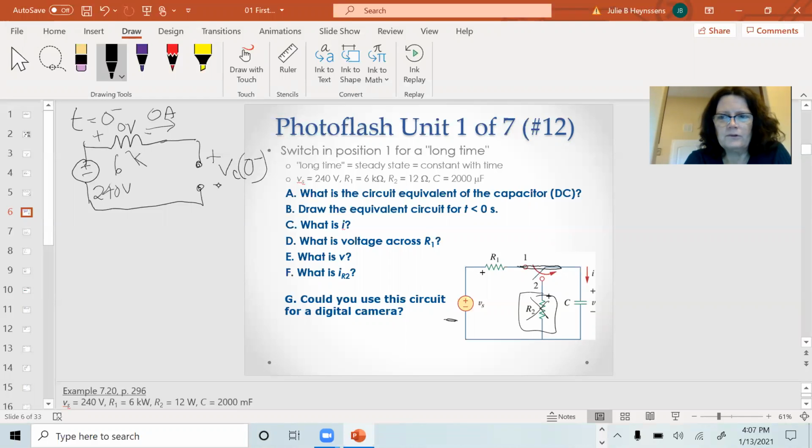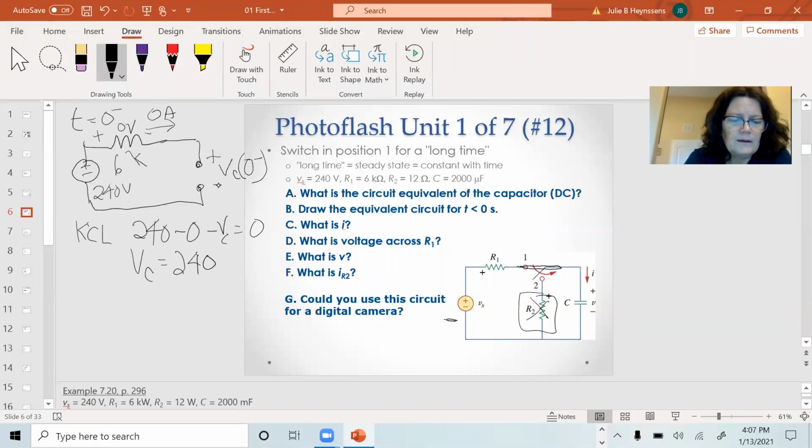The sum of the voltages around the loop equals 0. 240 minus 0 minus VC equals 0, which means the voltage across the capacitor is also 240 volts. So we've solved for VC of 0 minus.